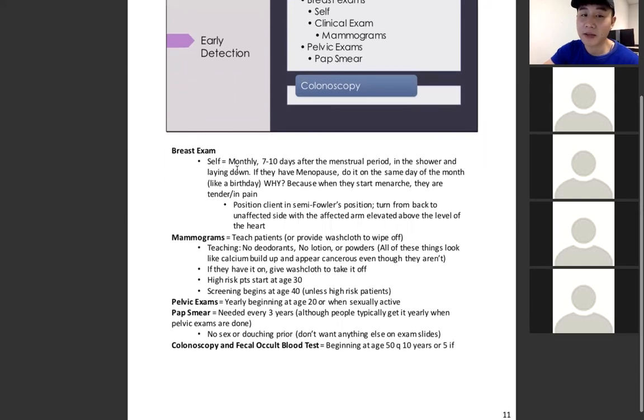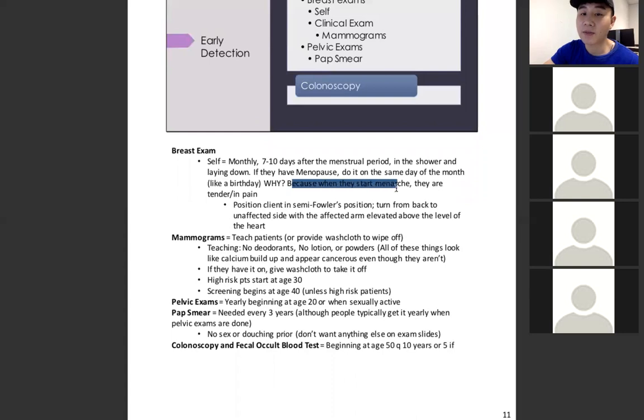So breast exam. If doing it themselves, it should be done monthly, 7 to 10 days after the menstrual period, in the shower and lying down. If they have menopause, do it on the same day of the month, like a birthday. Why?